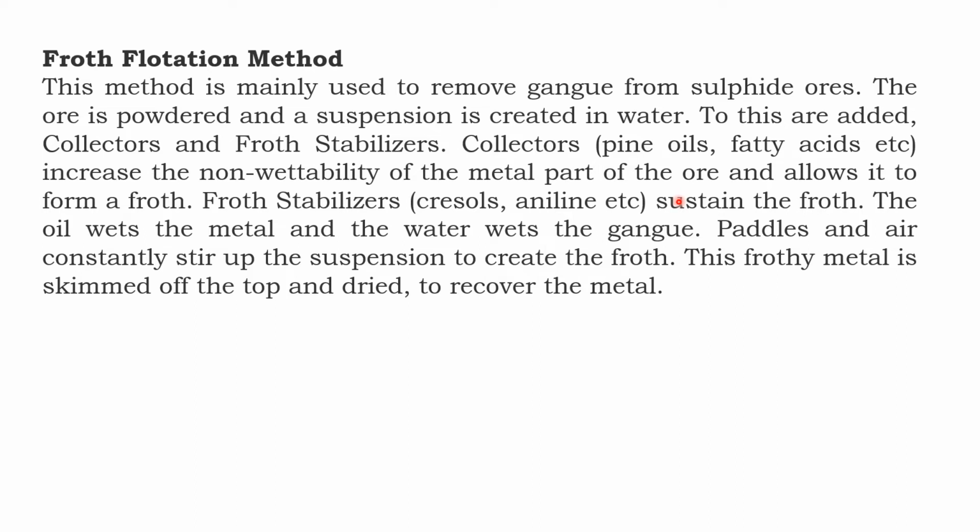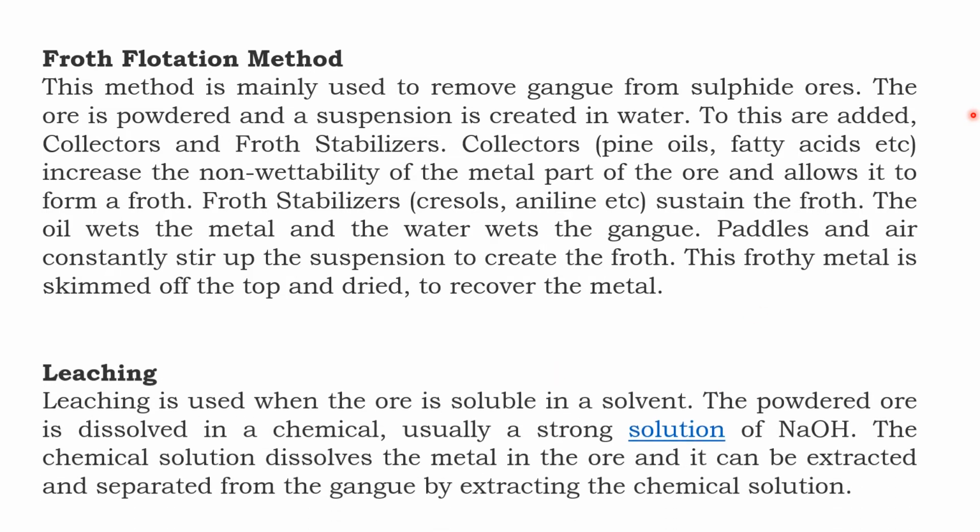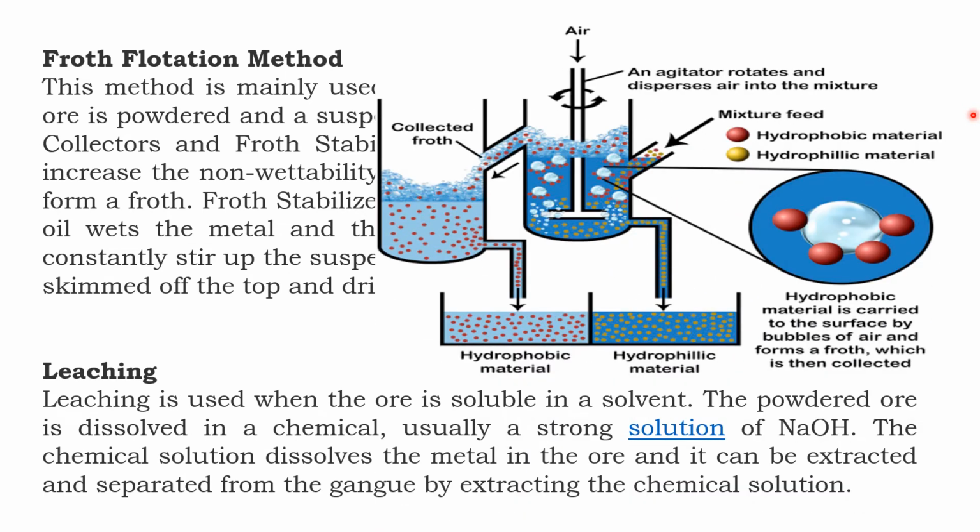Once the froth is formed, that froth is removed and it is dried so that we will get the metal particle. See the picture? In this picture we could make it out. Here we feed the ore particle, collectors and froth stabilizers.